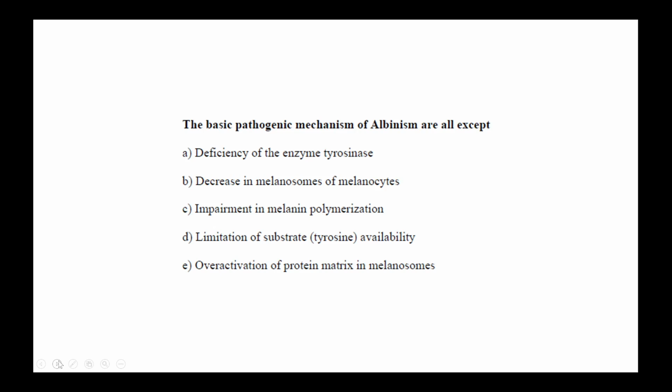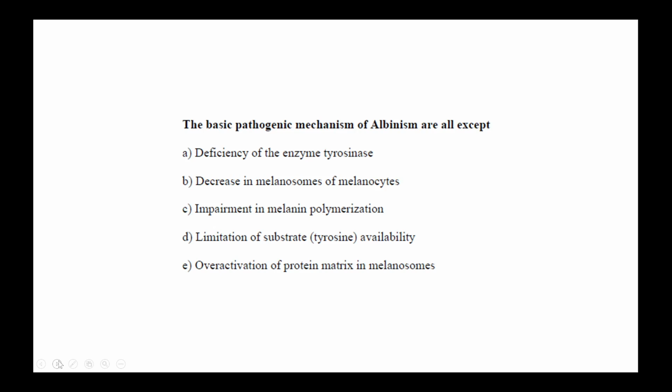Basic pathogenic mechanism of albinism are all except deficiency of the enzyme tyrosinase, decrease in the melanosome of melanocytes, impairment of melanin polymerization, limitation of substrate availability, that is tyrosine availability. Option E is overactivation of protein matrix in the melanosomes.